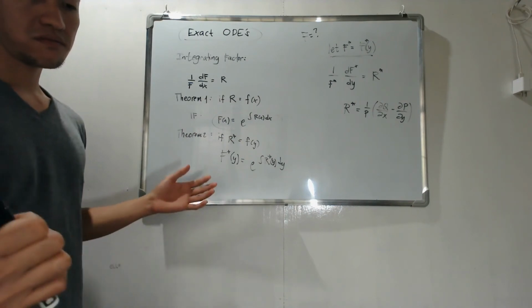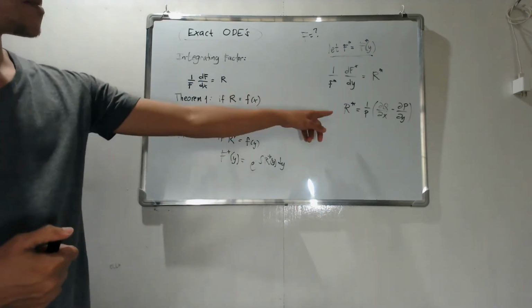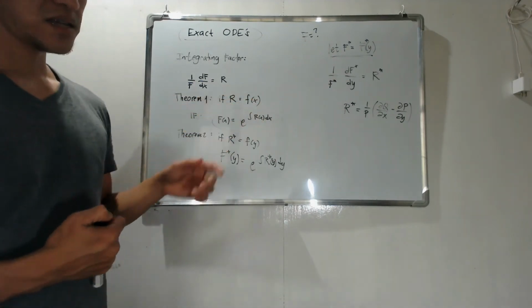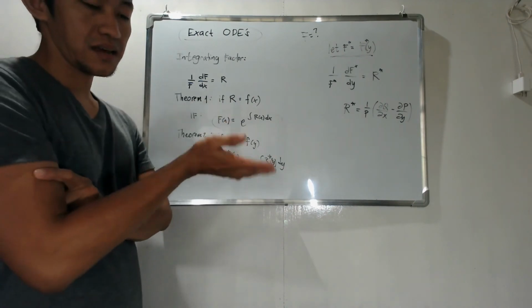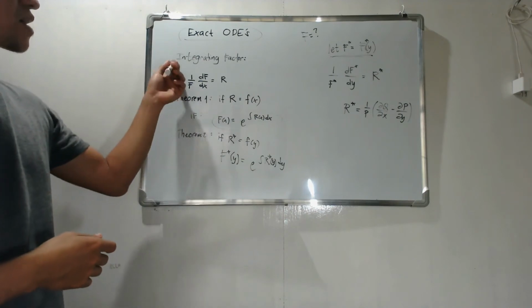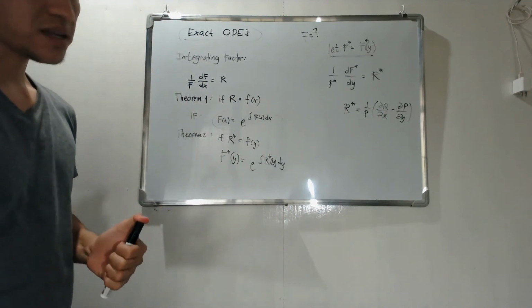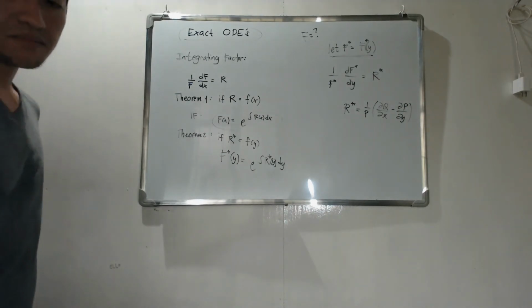If in the event you get an R that is not a function of y only but mixed, then you cannot use this method; you use another method. Okay, let's have an example.